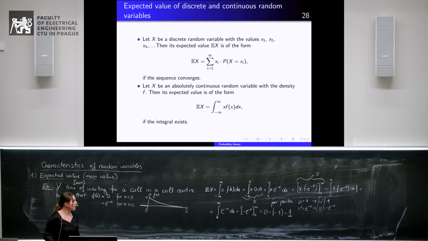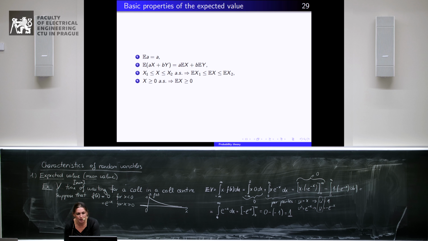So that was the way to calculate the expected values in discrete and in continuous cases. And let's mention some properties of expected values. The first property is that the expected value of a constant is equal to the constant. It makes sense because imagine, for example, that we have a special die where on each side we have 6 spots.